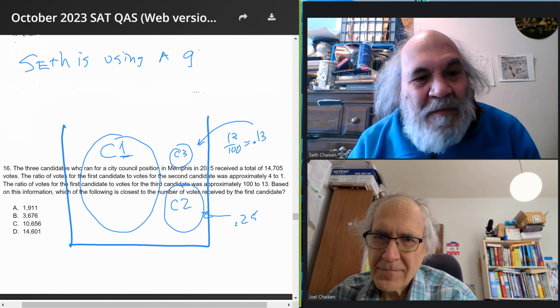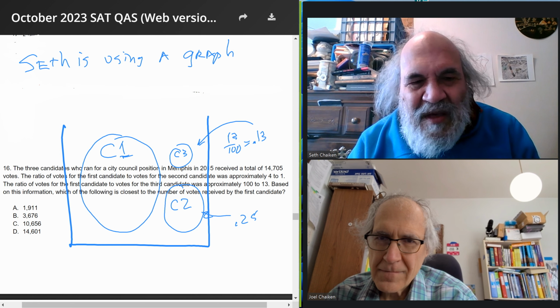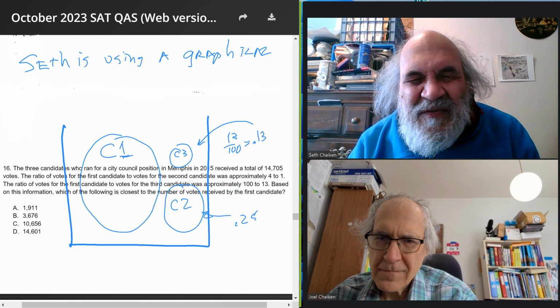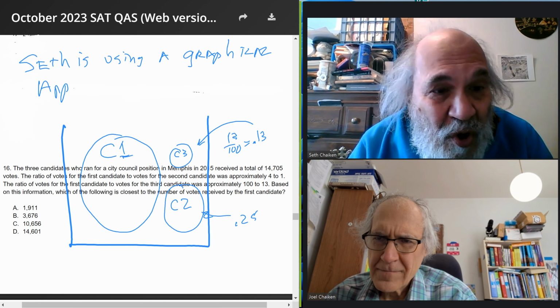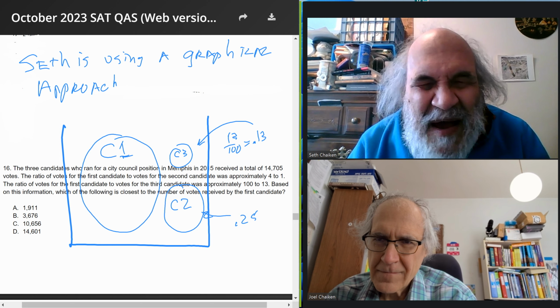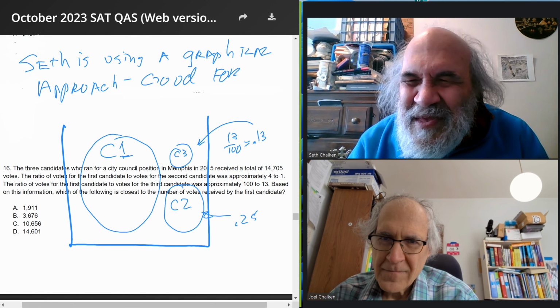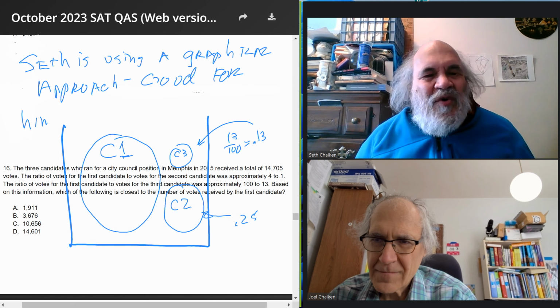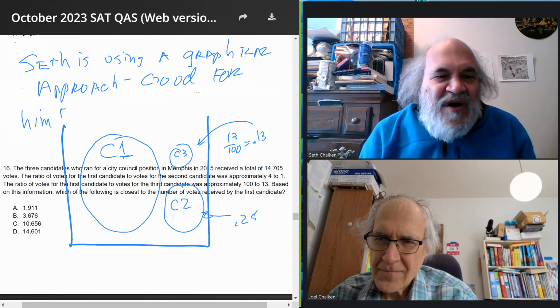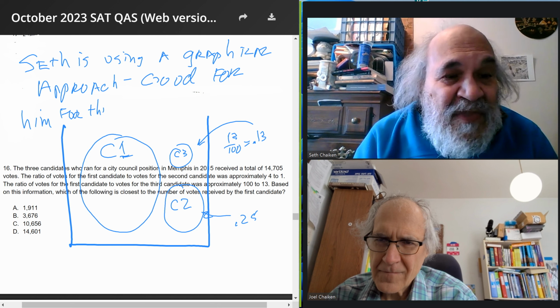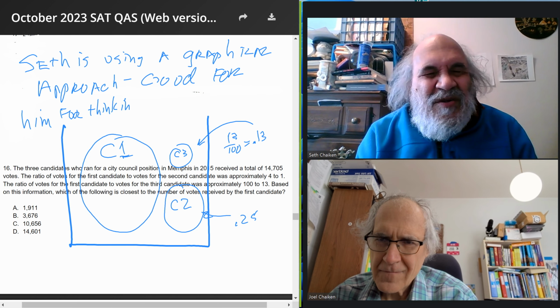The biggest one makes C1 have almost all the votes, all but about 100 votes, which can't be. Okay, so the choice of C can be the only one.